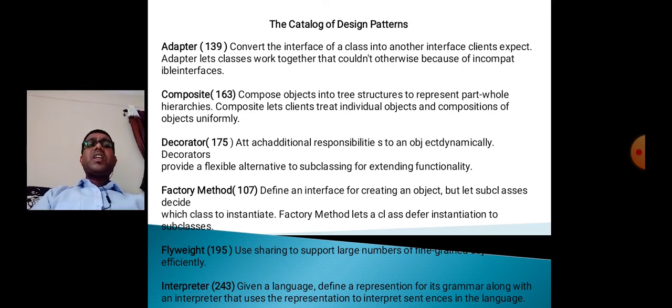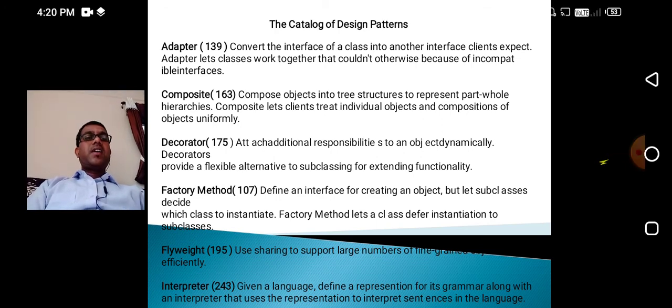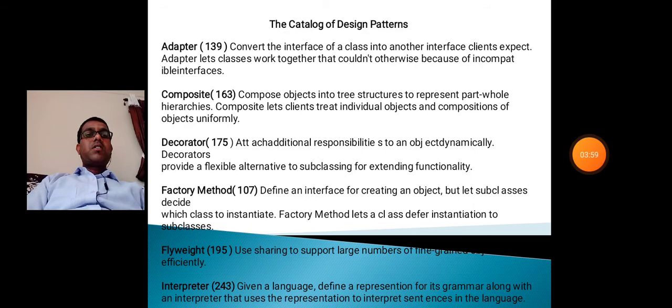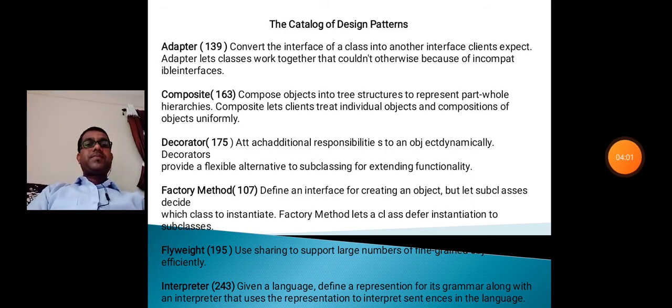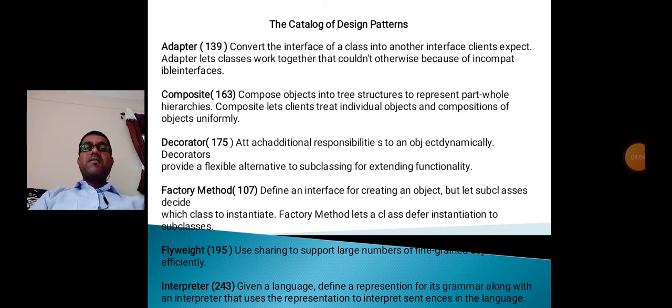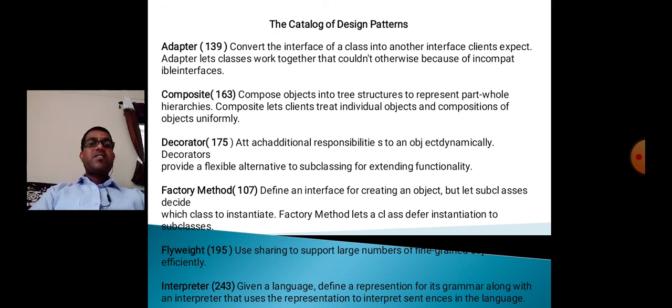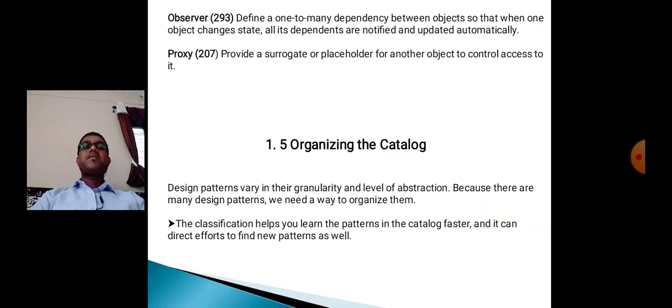Then the next design pattern is interpreter, 243, which, given a language, defines a representation for its grammar along with an interpreter that uses the representation to interpret sentences in the language.